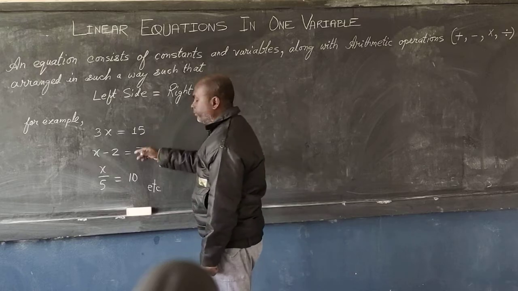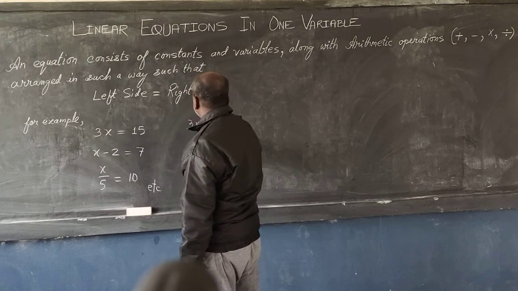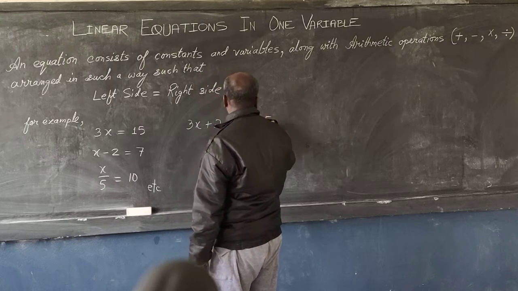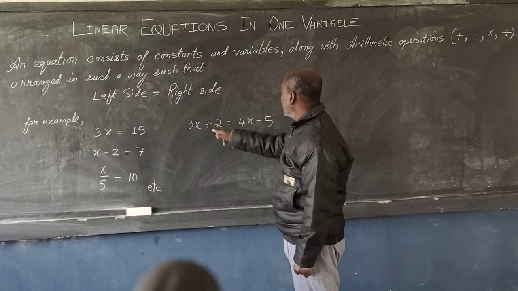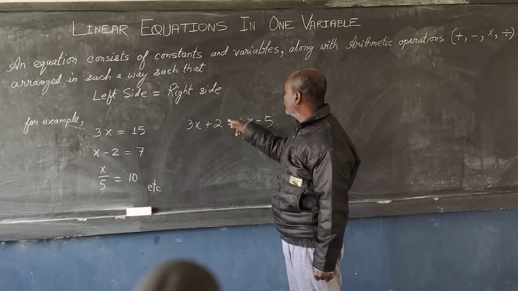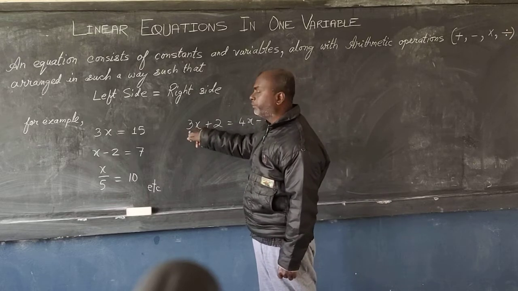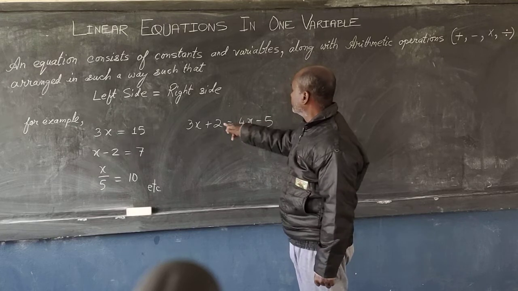Alright, you can even have variables on both sides of the equal to sign. Here is another example where you have constants and variables on both sides of the equal to sign. On the left side also you have a variable and constant. Right side also variable and constant.